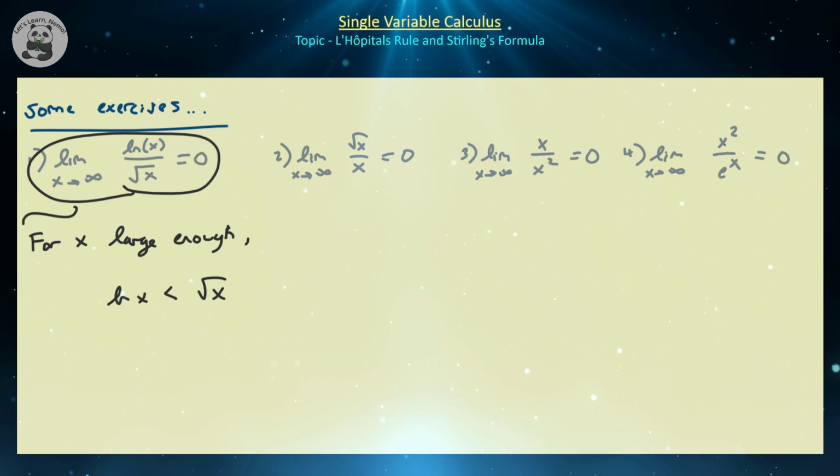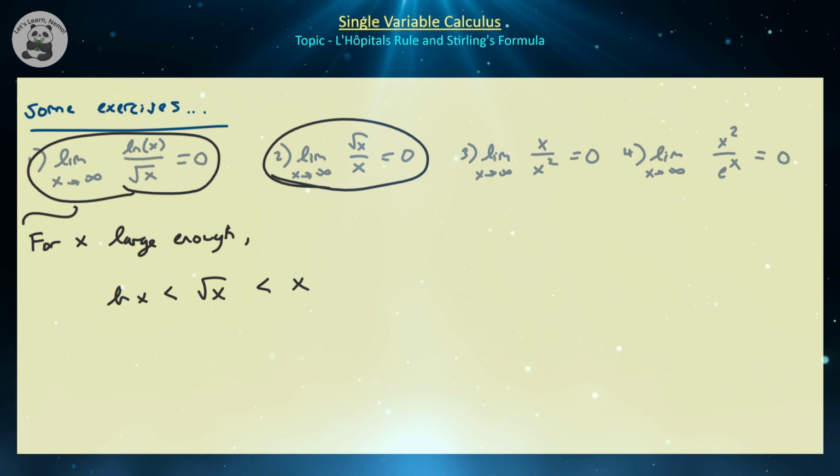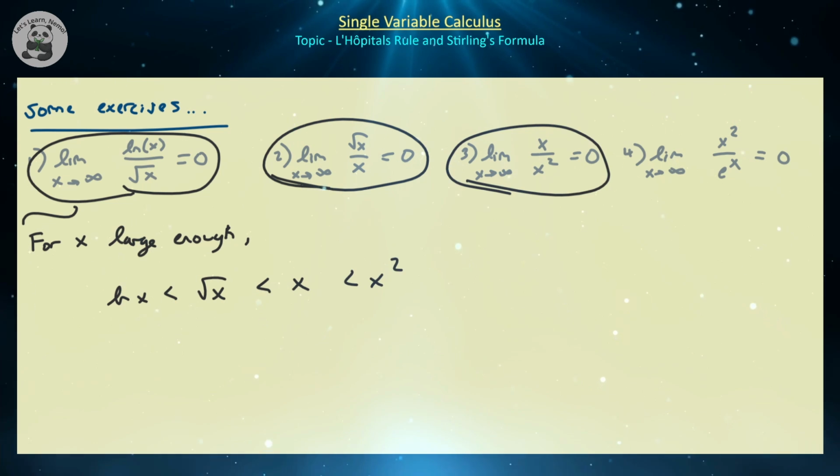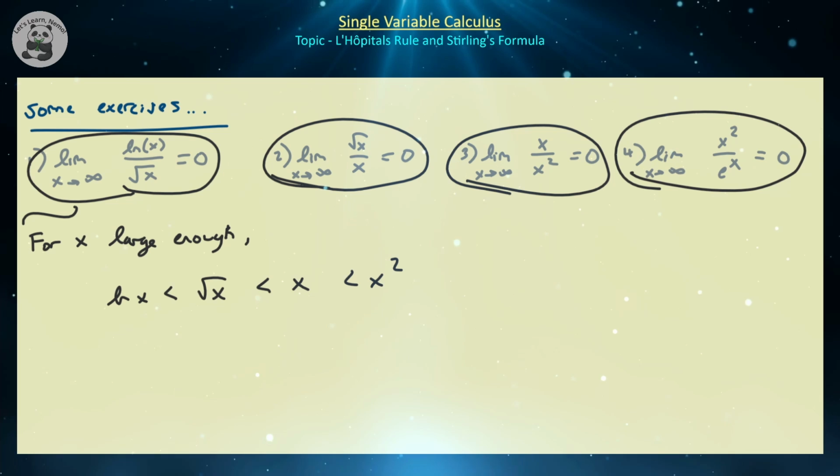For example, the natural log of 5 million is always going to be less than the square root of 5 million. And the square root of 5 million will always be less than 5 million. We can get that from this next expression. And 5 million is always going to be less than 5 million squared. And 5 million squared is always going to be less than e to the power of 5 million. We can get that from the third expression.